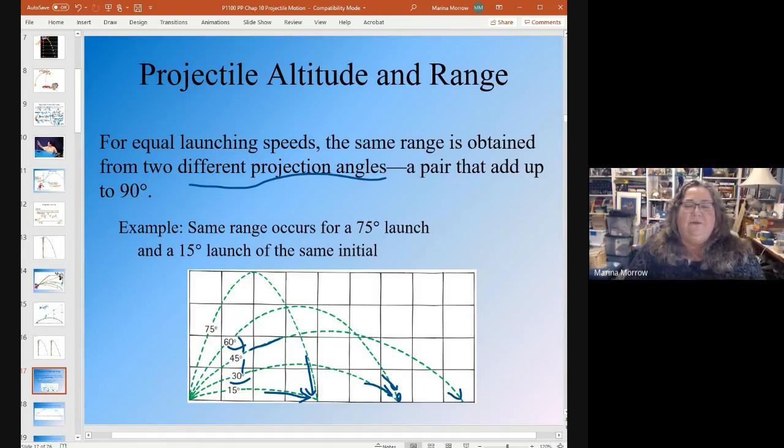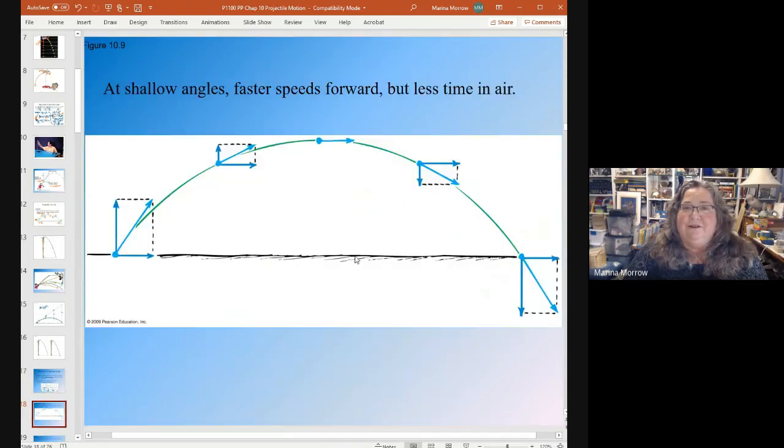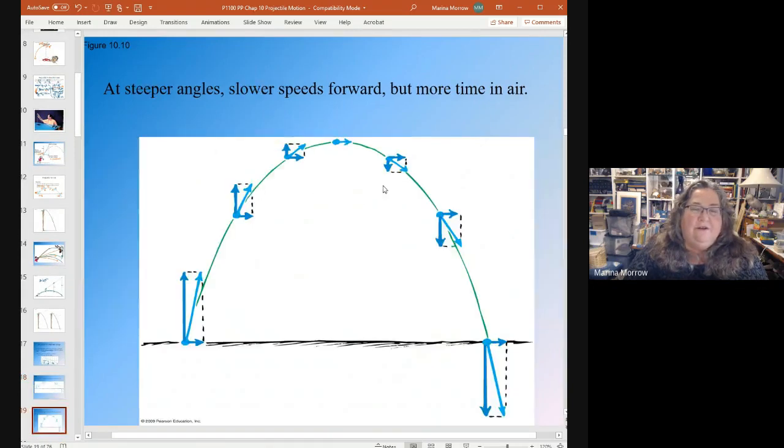And the reason for what's going on is that you can be trying for more altitude, so to be higher, by giving a greater velocity in the vertical direction. At that steeper angle, you do go higher, but you don't have much forward motion left. Your cannon has a total velocity which is limited. So there's not as much forward motion, but you do spend more time in the air.